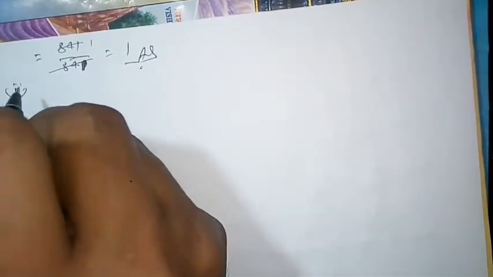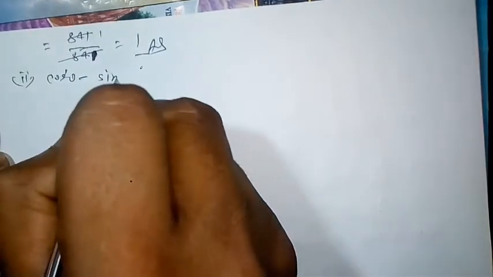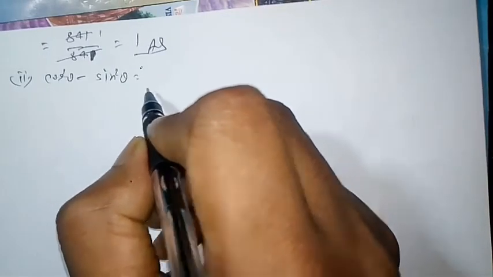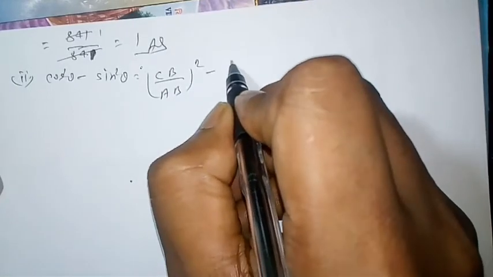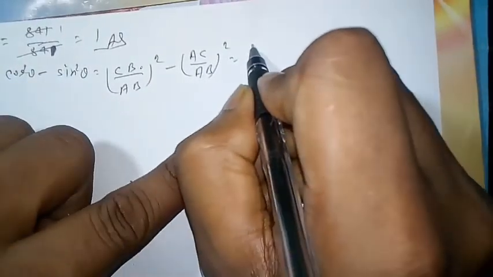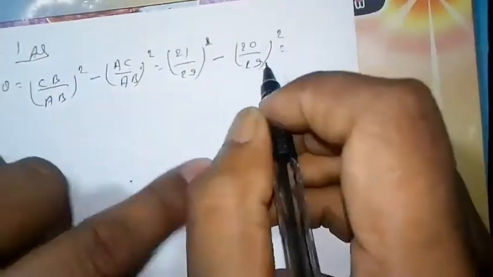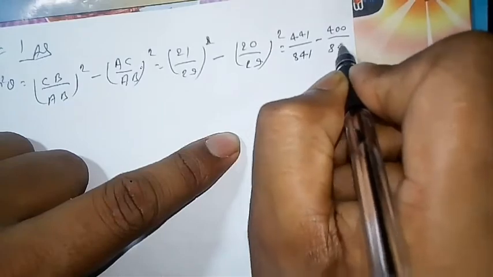That's question number 2, cos square theta minus sin square theta is equal to cos theta, which is base by hypotenuse, CB by AB to the whole square, minus sin theta, perpendicular by hypotenuse, AC by AB to the whole square, is equal to CB is 21 by 29 to the whole square minus 20 by 29 to the whole square is equal to 441 by 841 minus 400 by 841.